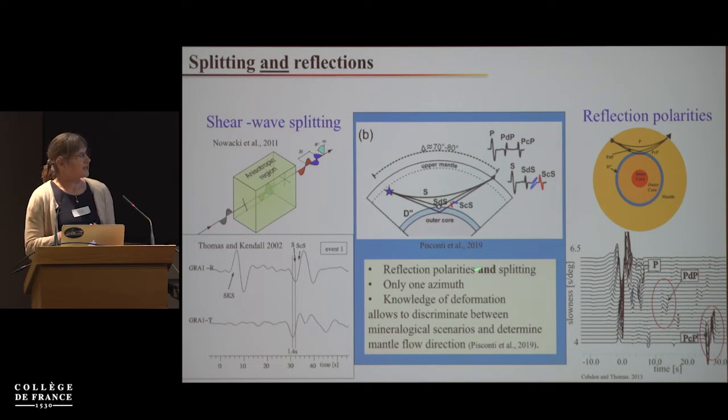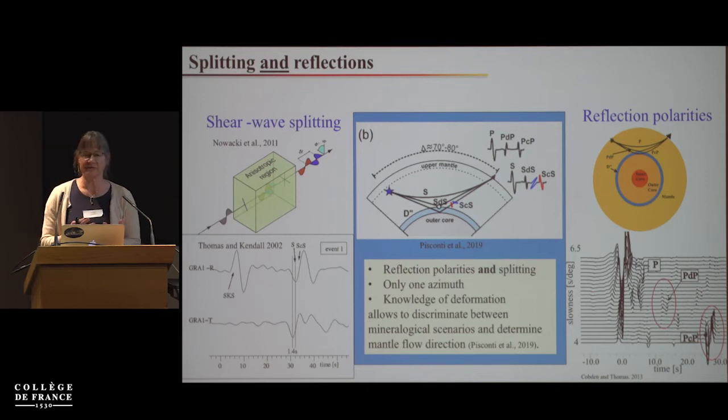Knowing the reflection polarities and the splitting, and having only one azimuth and a knowledge of deformation, we can then discriminate between different mineralogical scenarios and determine the mantle flow. And I'll show you this in a moment. And that's really useful because we only really need one azimuth, because we have 2 different methods now and 2 different waves.